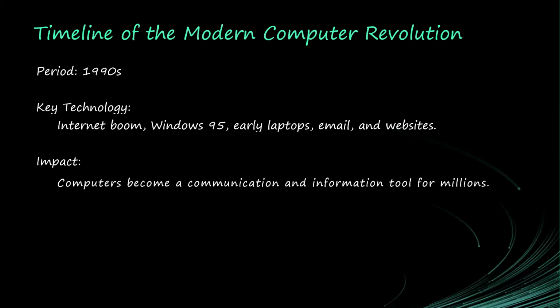Because of the internet, email, websites, and early laptops, people can now communicate and share information over the internet. So you can see the advancement. You can see the growth of modern computers.